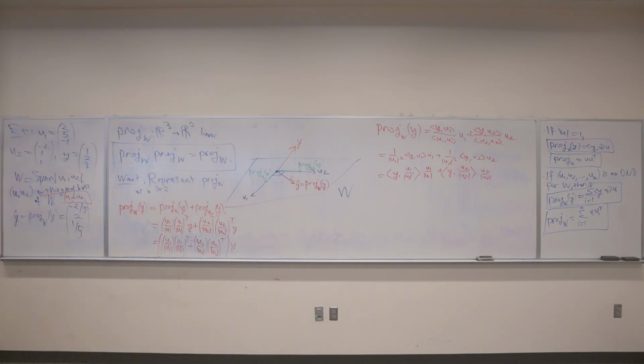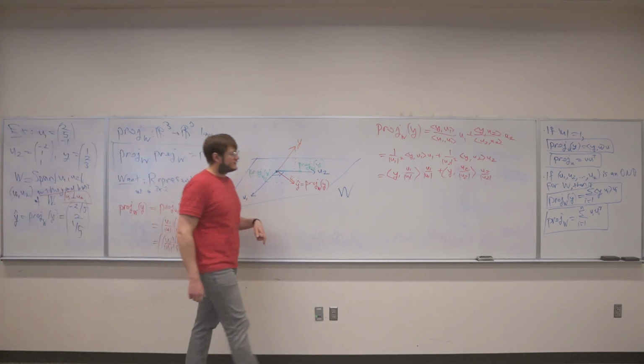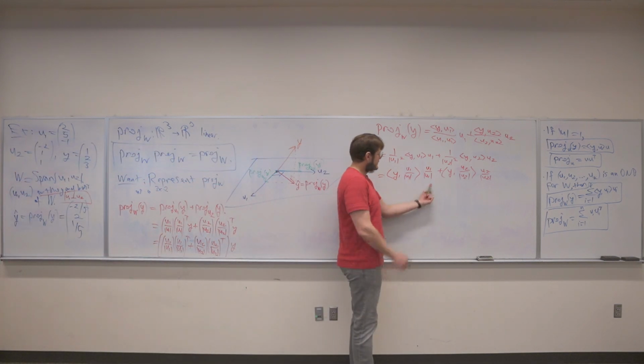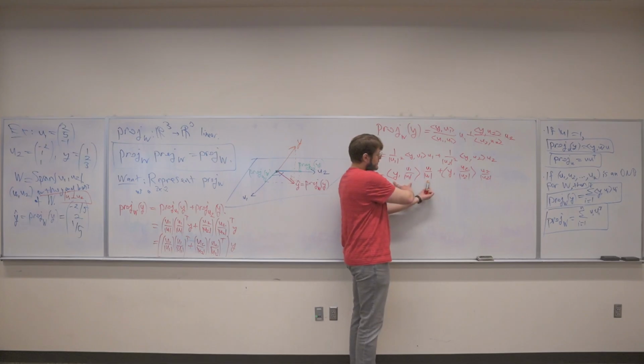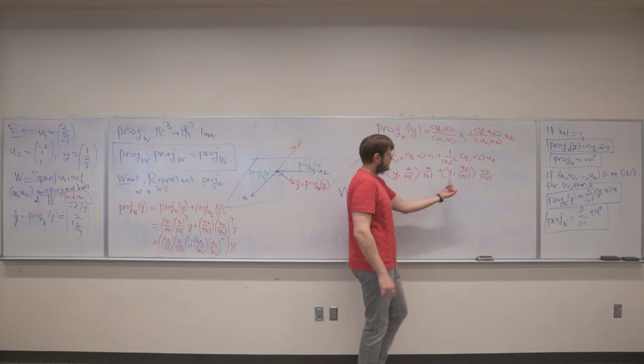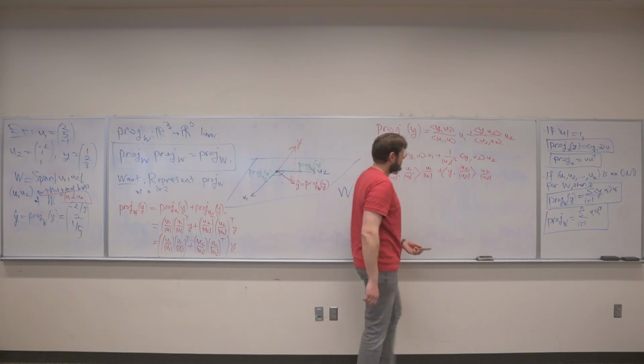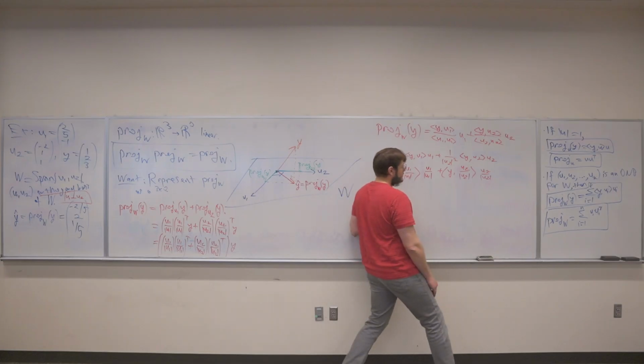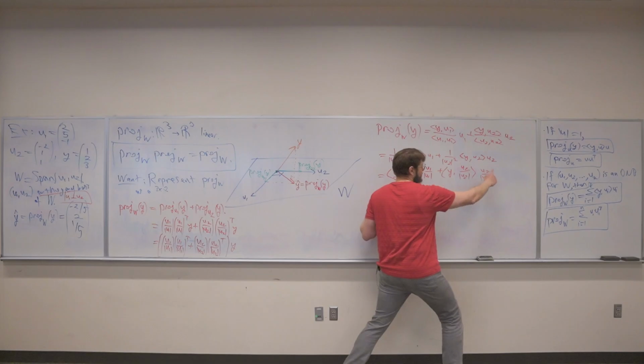Now, this is a linear combination of u1 normalized, this vector, right? This is a scalar, this is a vector, and this is a vector, and this is a scalar. So this whole thing is a linear combination of this vector here and this vector here.